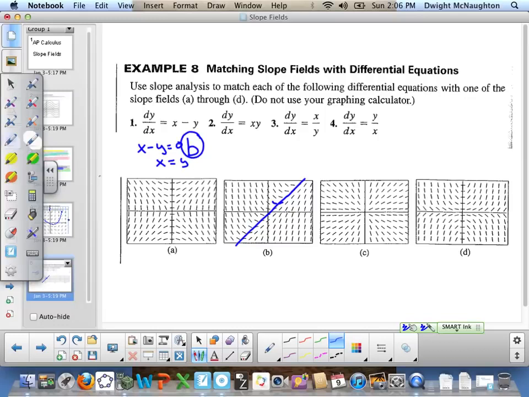All right. For number 2, where is that one equal to 0? Well, xy equals 0. Any place x or y is equal to 0. So any place on the x or y axis. All right. This one goes straight up or down on the x and y axis, so it's not that one. B we've already used.